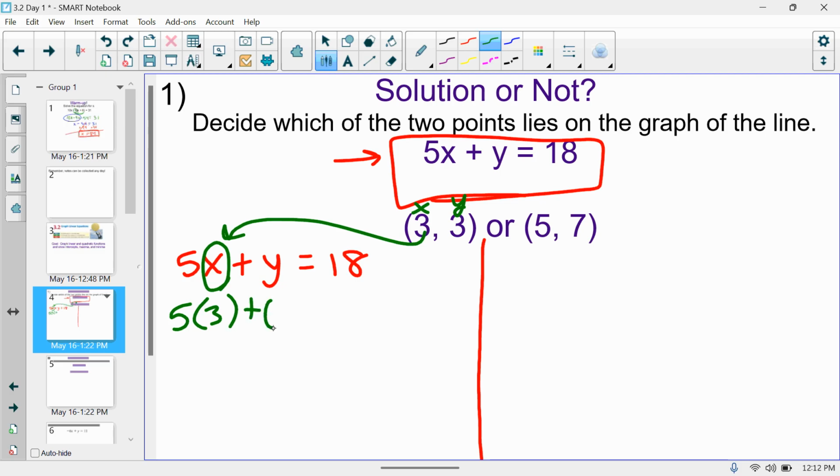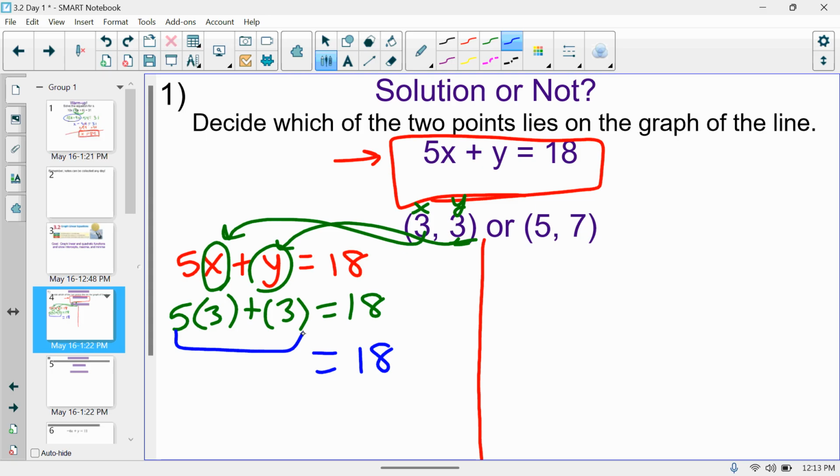Then instead of y, we're going to fill in 3 because our ordered pair says that y is 3. Okay, are you with me so far that all I did was fill in 3 where the x was and 3 where the y is? Questions so far?